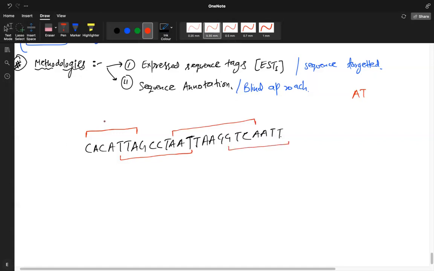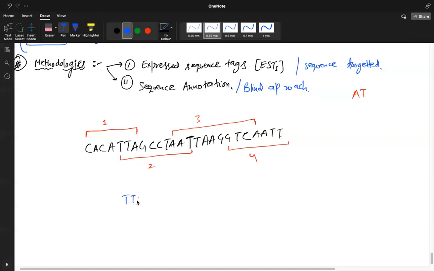So this is fragment 1, 2, 3, and 4. Now you can see in all the fragments, there are at least 3 overlapping bases. Do you see the overlapping here? Yes, sir.